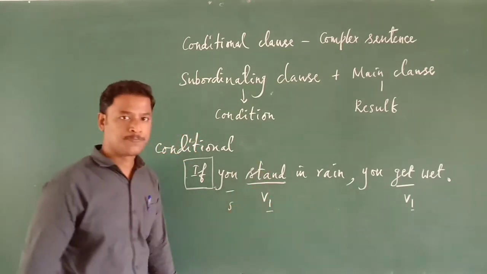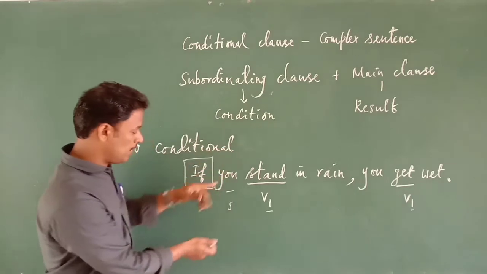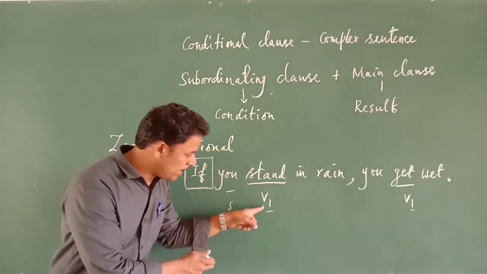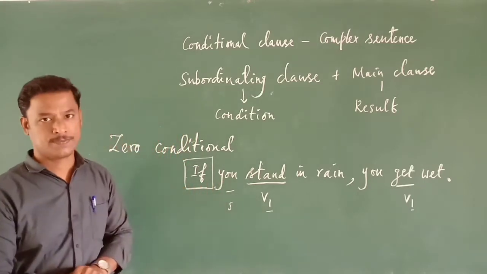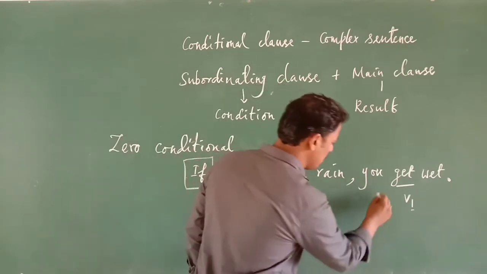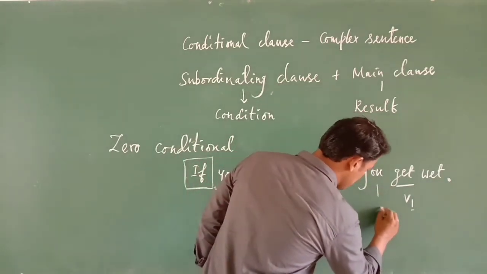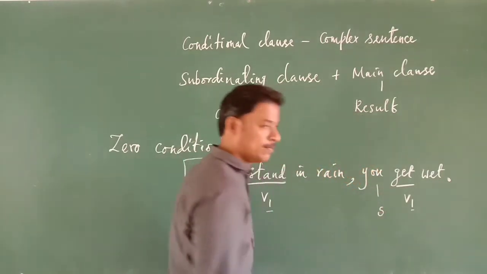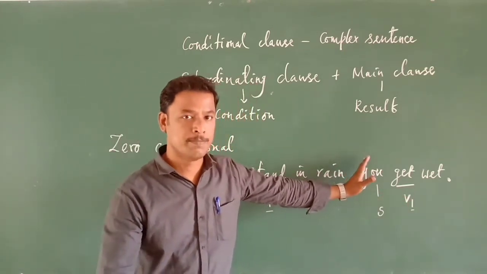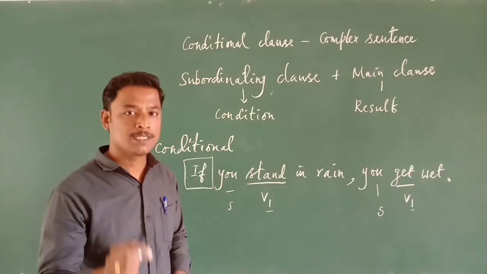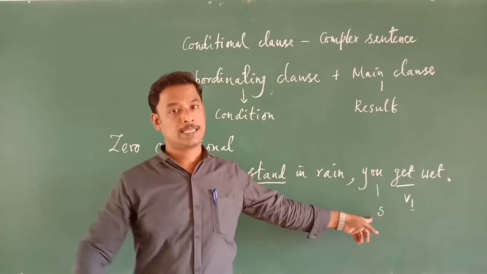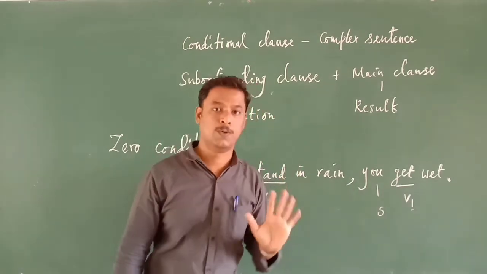Stand is the verb. So the first part starts with a subordinating conjunction, and a subject and a verb follow this. Likewise, the second part starts with a subject and a verb follows it. So the second part is a main clause. A main clause must start with a subject. In some cases, a main clause can start with a verb alone.